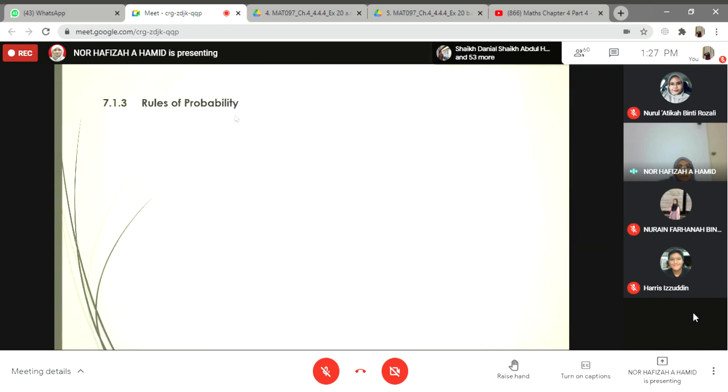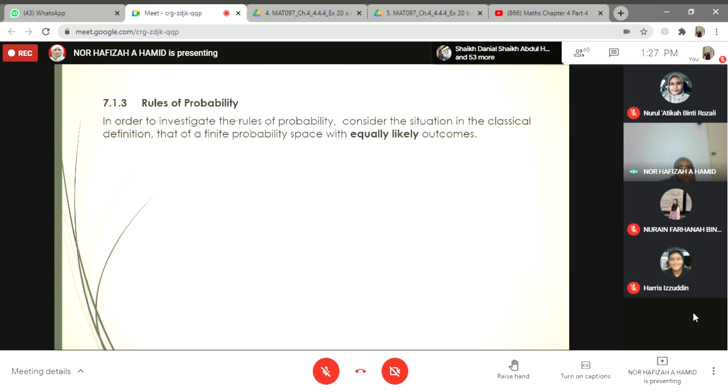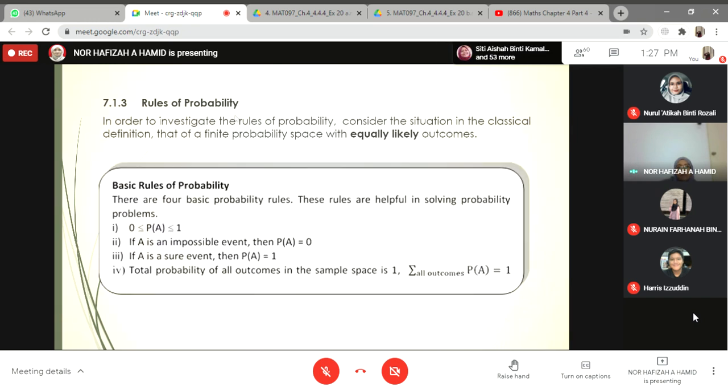Then we have the rules of probability. We have 4 rules of probability. First, probability must be between 0 and 1, so it cannot be less than 0 or greater than 1. Then, if A is an impossible event, then the probability of A is equal to 0.